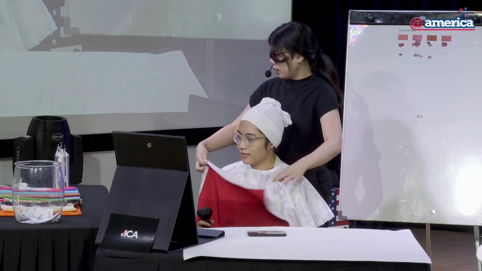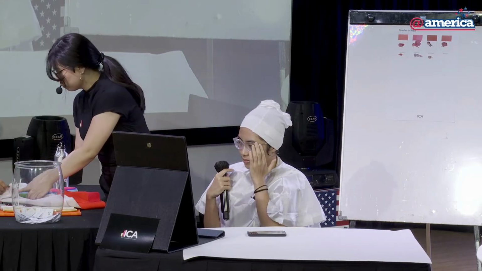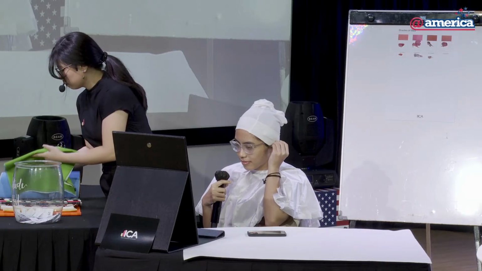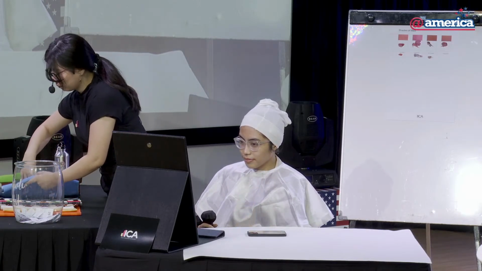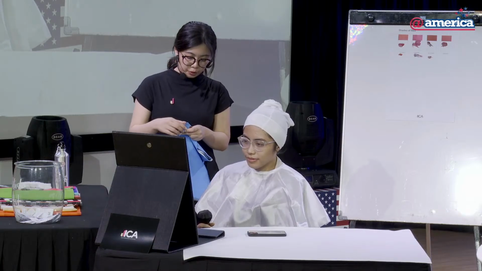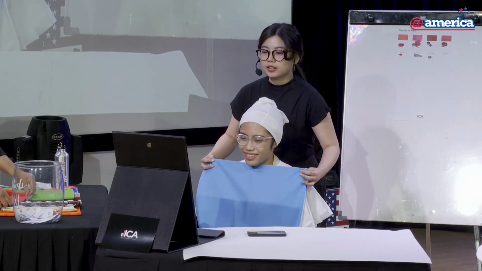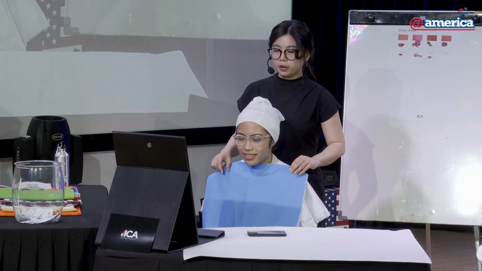All right. Let's try another color. So again, even though you're warm tone, doesn't mean you can't wear blue. I know blue is a very cool color, but again, we have different shades of blue. Okay, so this is spring.